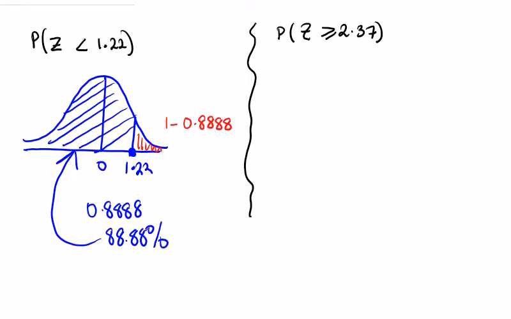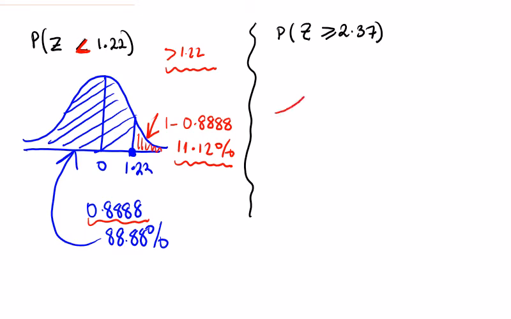If it's 88.88, you can see that leaves 11.12% in this red bit in here. So the probability of less than 1.22 is 0.8888, greater than 1.22 will be this 11.12%, and so on.